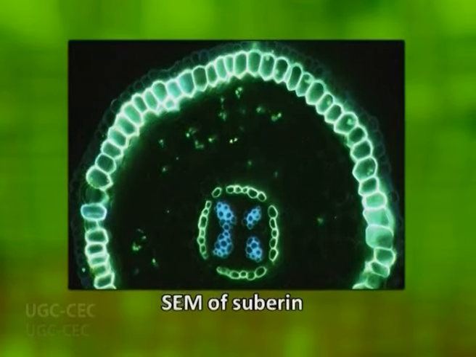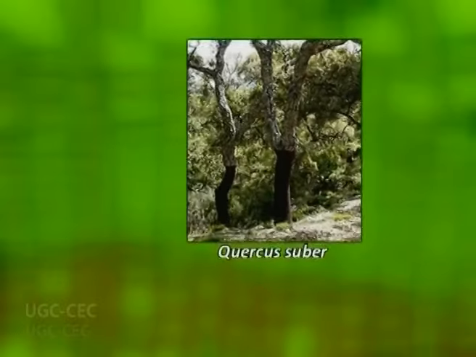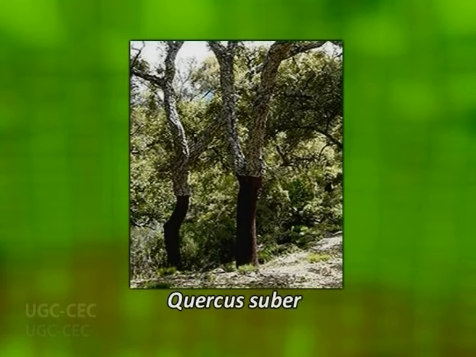This suberin lamella in turn is lined by a thin cellulose layer which may sometimes be lignified. The cork tissue of certain plants, such as that of Quercus suber, for example, is very elastic, but the cork of most plants lacks this quality.